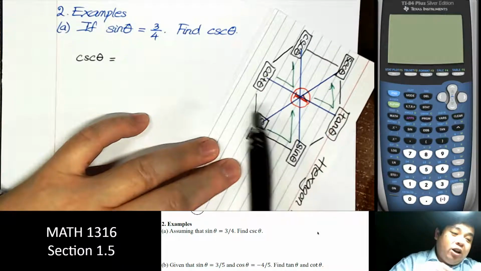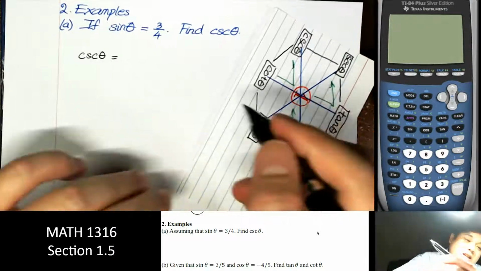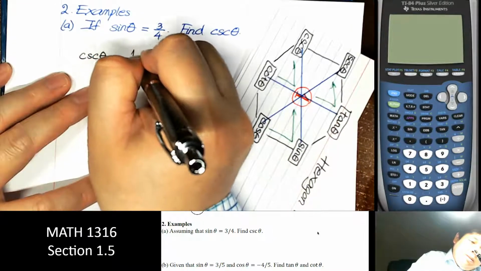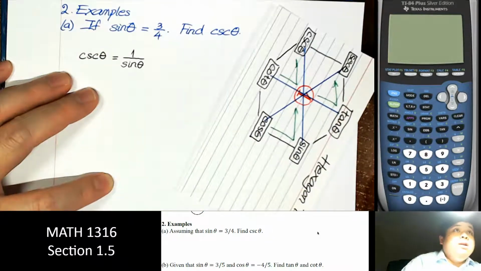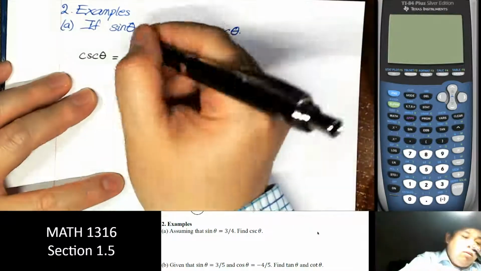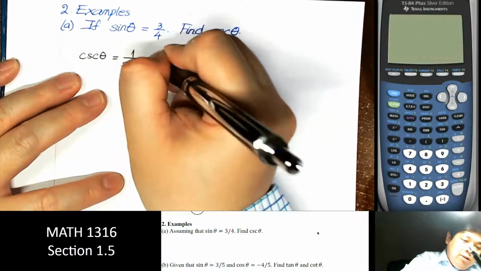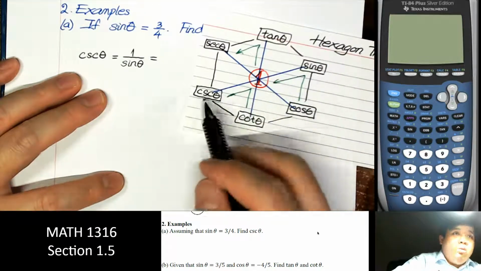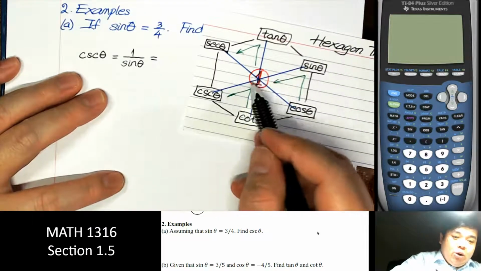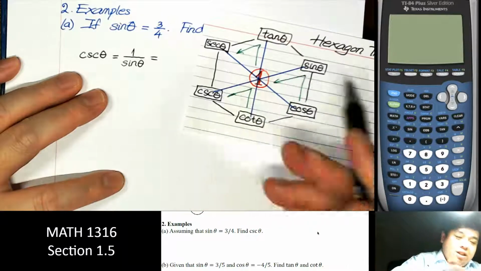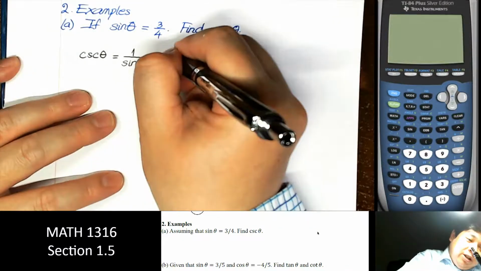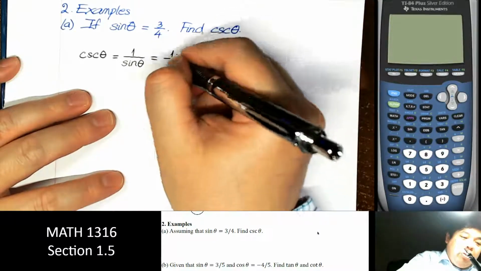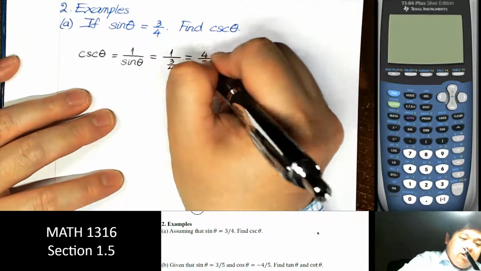It's 1 over sine. We do know sine, so we're going to use that. Cosecant is 1 over sine, because cosecant is opposite from sine on the hexagon, so they are reciprocals of each other. 1 over 3/4, multiply by the reciprocal, so we just flip, and that's it.